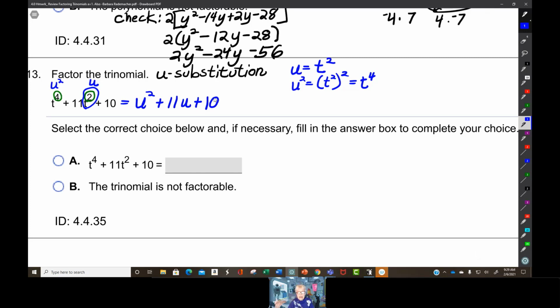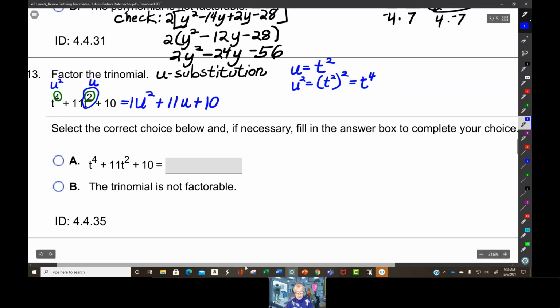I have just made that a temporary quadratic trinomial. Not only that, but a equals 1. So all we have to do is take 10 and factor into two numbers that add up to 11 in order to find u. And then, yeah, we have something else to do. But for now, it's going to be pretty easy and normal looking.